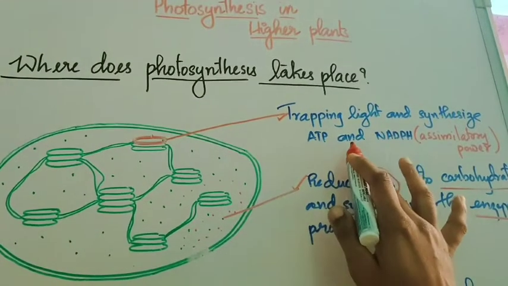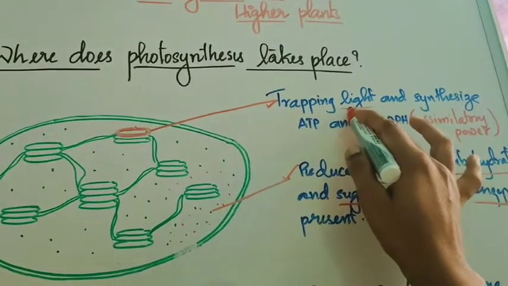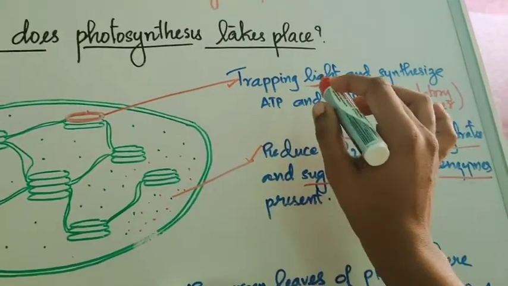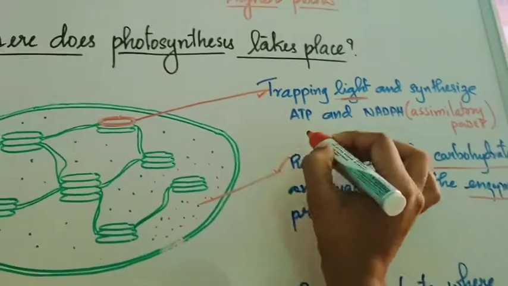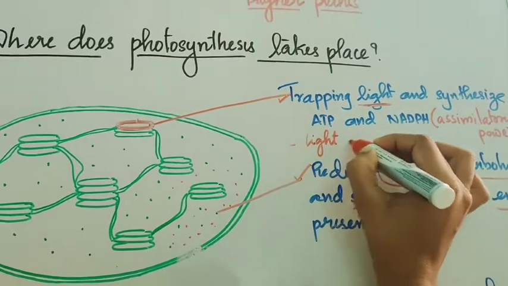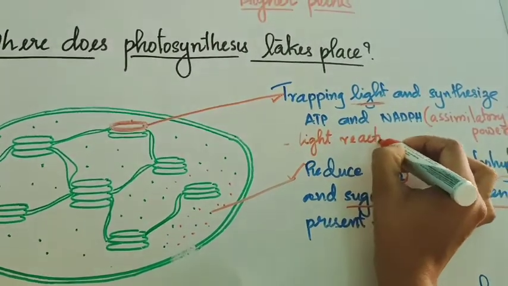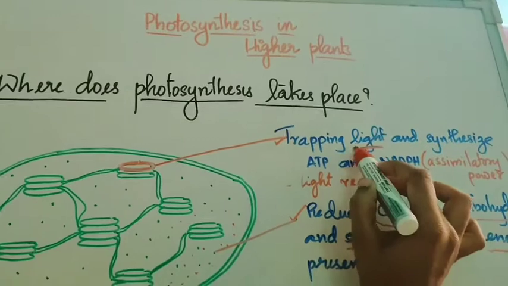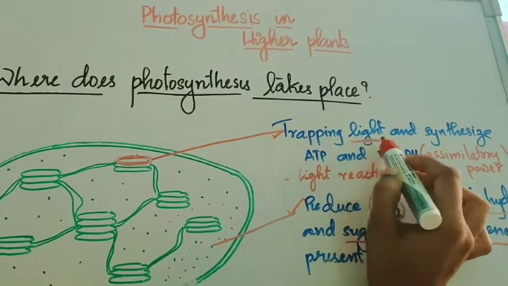The first phase, since light is involved in it, the first set of reactions, is called the light reaction, because here there is involvement of light.